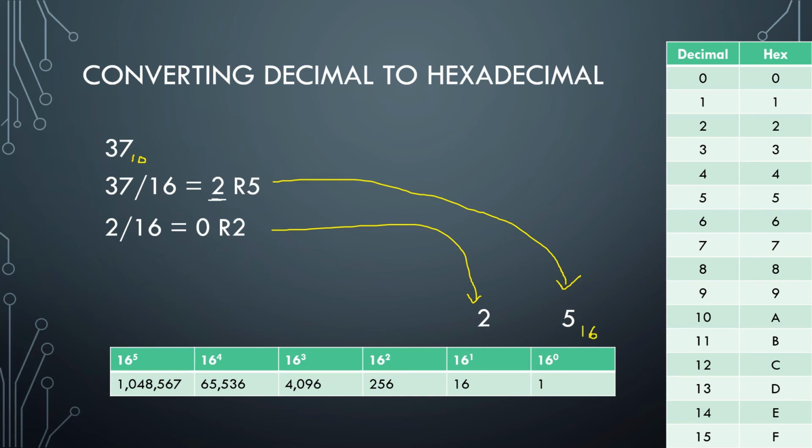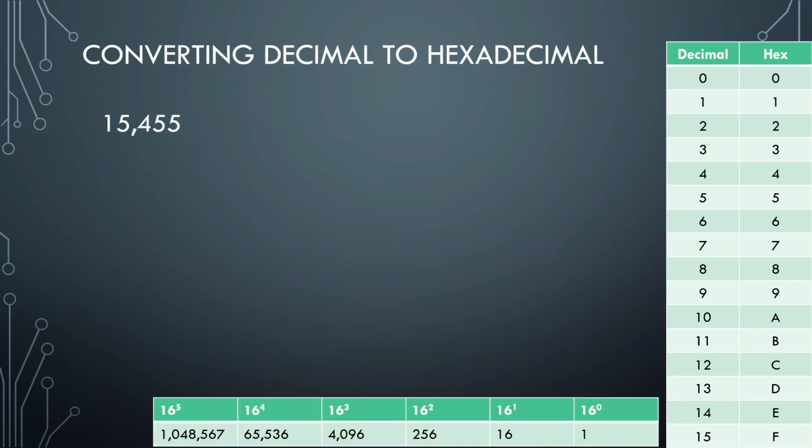So this figure here illustrates why it's so important to know which base you're working in. Because if you don't, this 25 could be a decimal number or it can be a hexadecimal number, and they mean very different things.